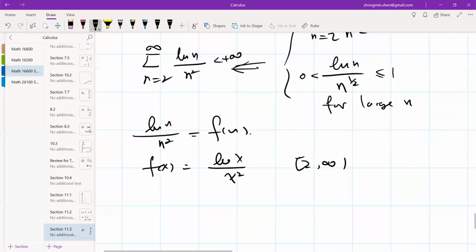Okay, number 1, it's positive. Continuous is obvious. I don't need more information. Decreasing is not obvious. You have to check. Okay, this is fine, but decreasing is not easy to see. How do you prove it's decreasing?